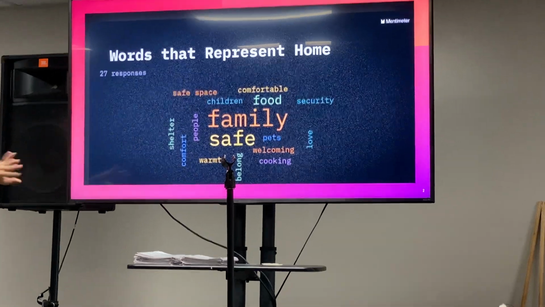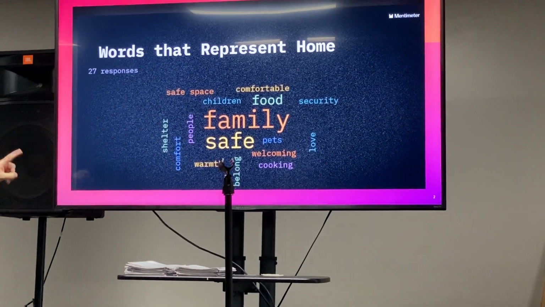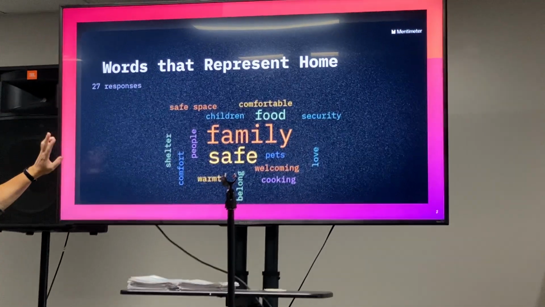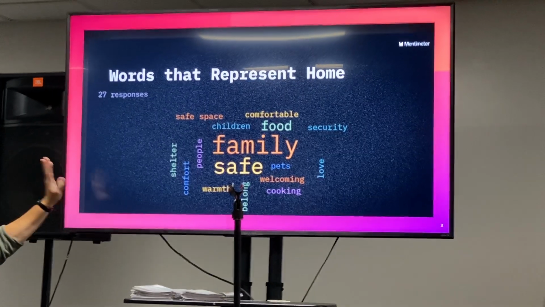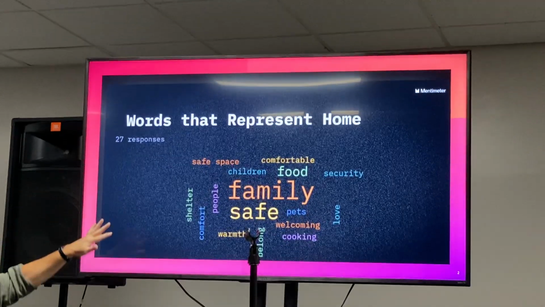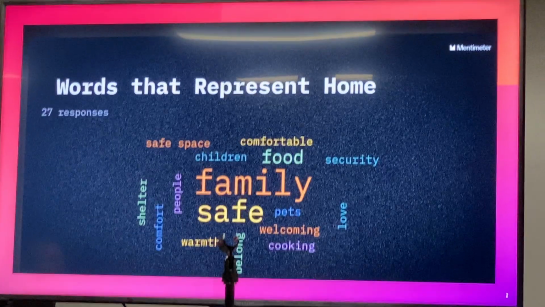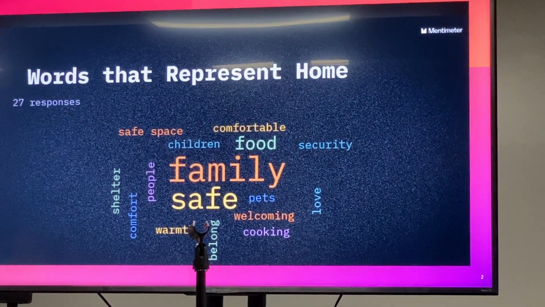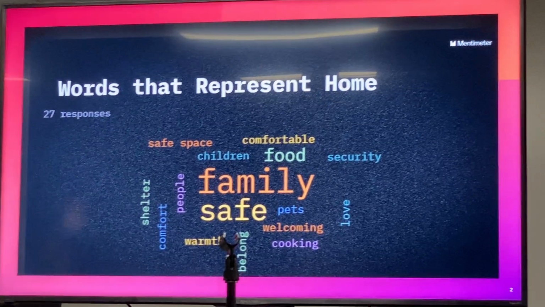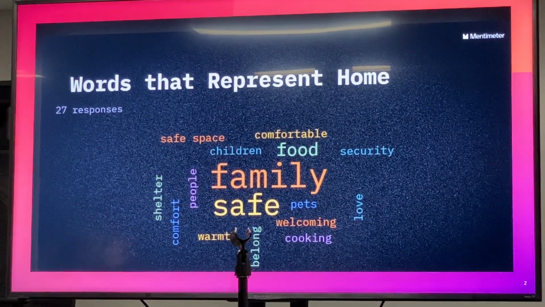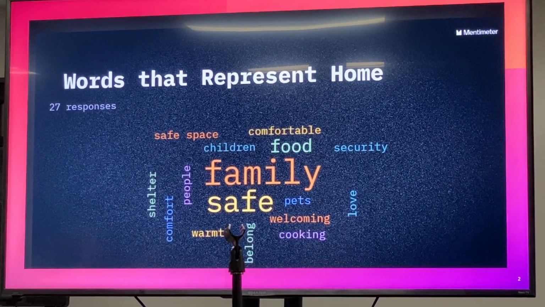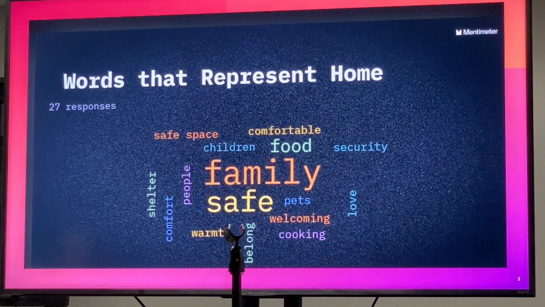The words in the middle, that are the biggest, are the ones that the most people ended up also saying. So the ones in the middle are what you all identified multiple times across all of the different responders. Next slide.